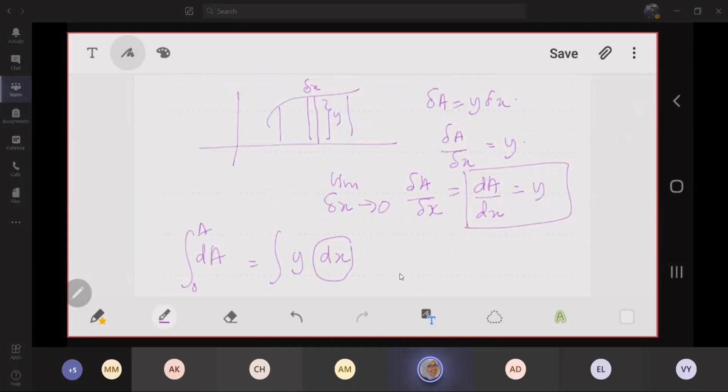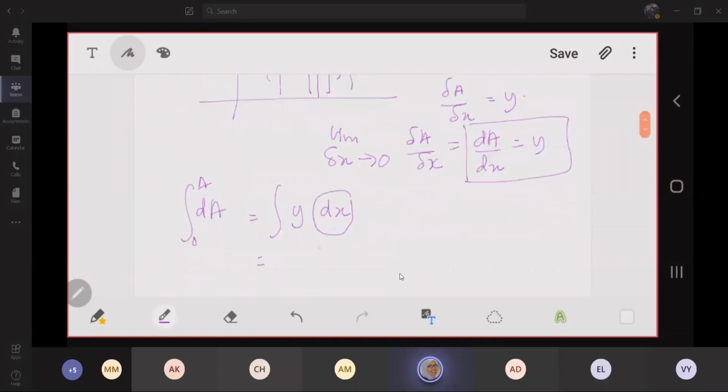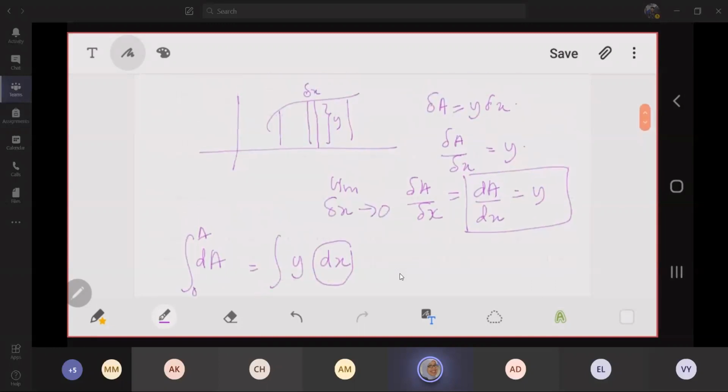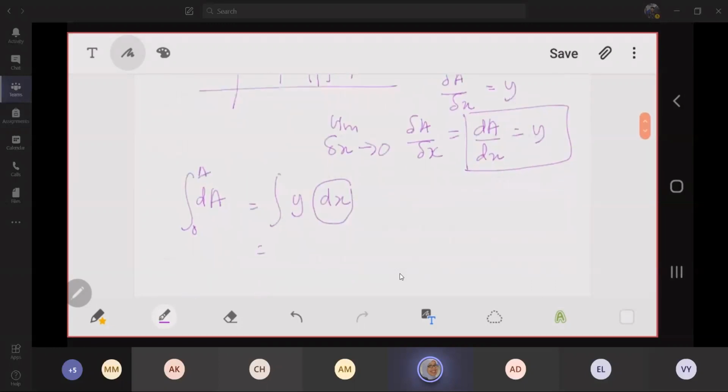So you have to find what dx is in terms of dt. Okay, x is equal to what, and y will be in terms of, in this case, y is equal to what? A sine t.